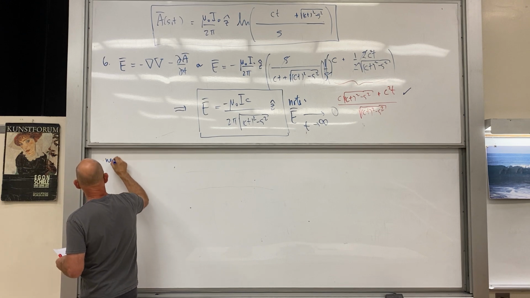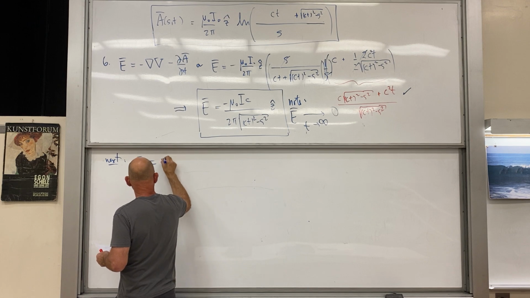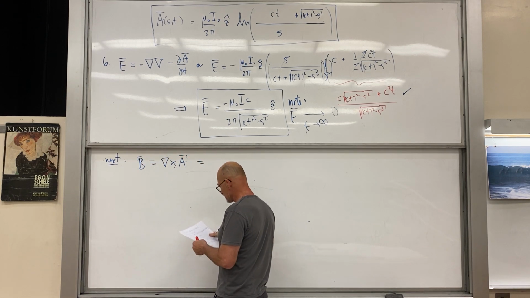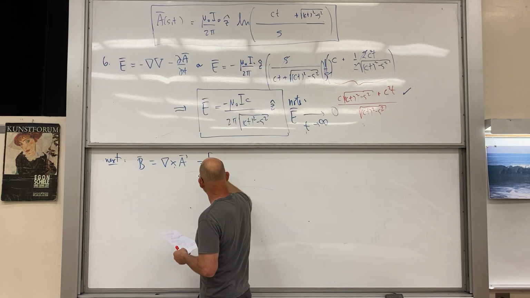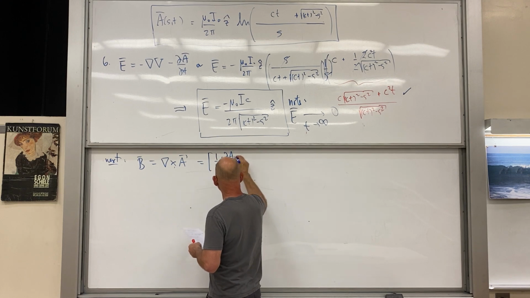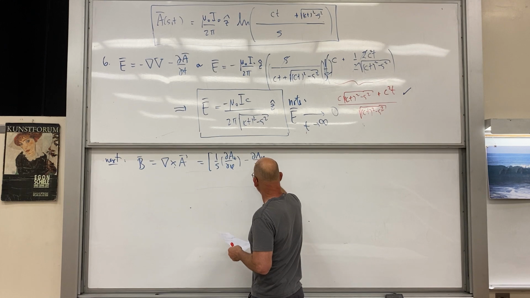So next, B is equal to the curl of A, and that expression in cylindrical coordinates, we'll write the whole thing down. Good to look at. dAz d phi minus dA phi dz.